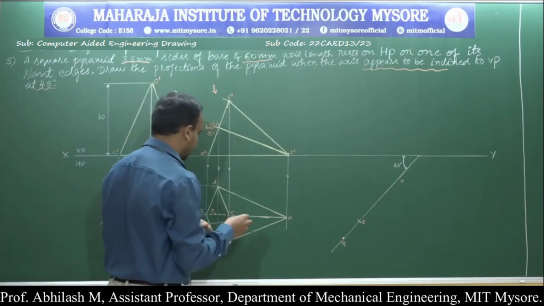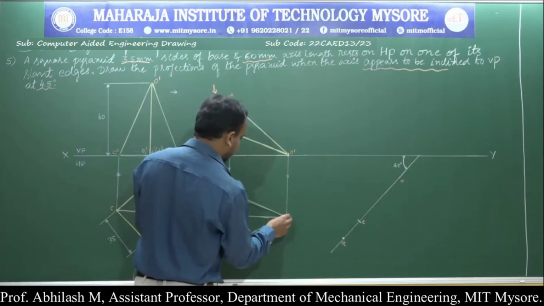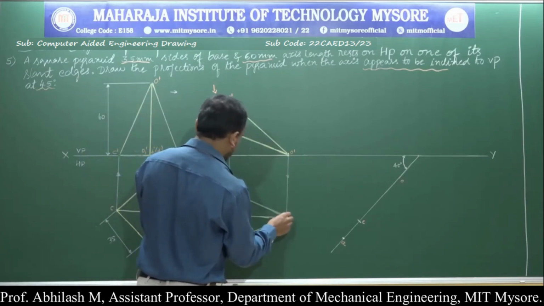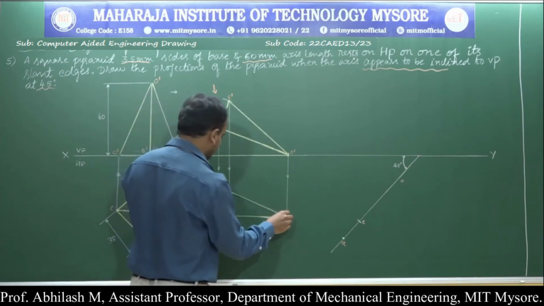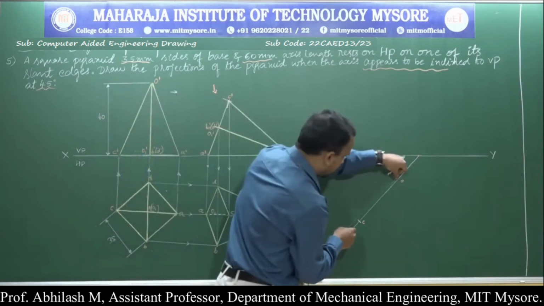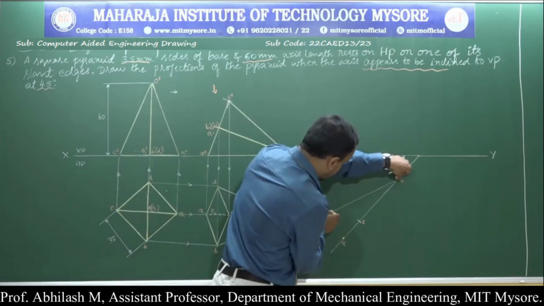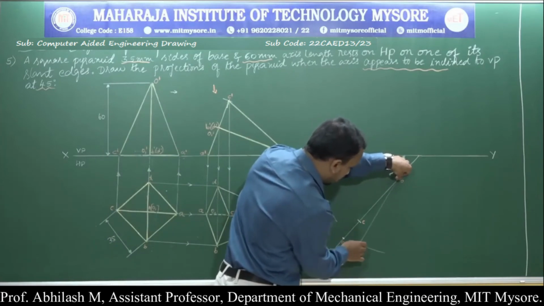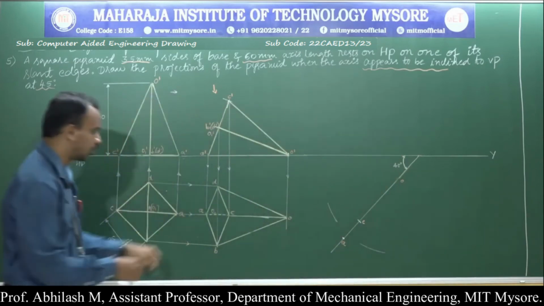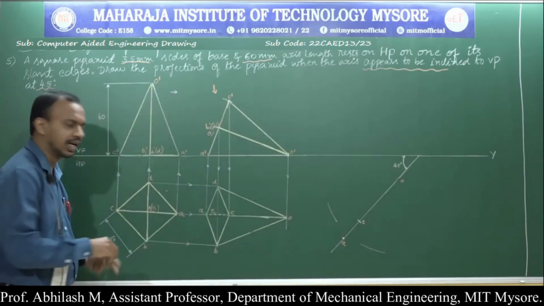Now what am I supposed to do? I am supposed to measure the distance of a slant edge from O to D. It will be the same from O to B also, so you need not measure twice. Measure from O to D once and cut an arc. Similarly from O to the other point, that is B. How to complete it?